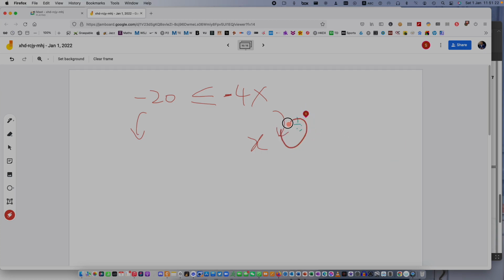So you divide by a negative number, right? So what you need to do? Change the sign first. Or you can say flip. Yes, flip it first.